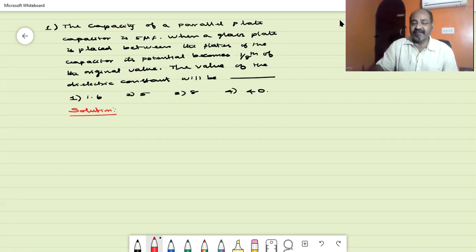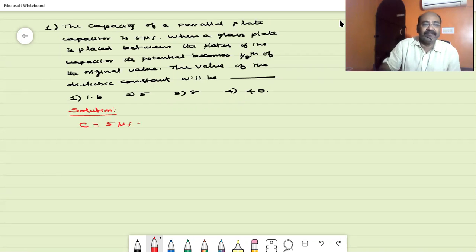That was the question. See, the capacity of a parallel plate capacitor. So let us consider the capacity of the parallel plate capacitor C as 5 microfarad.